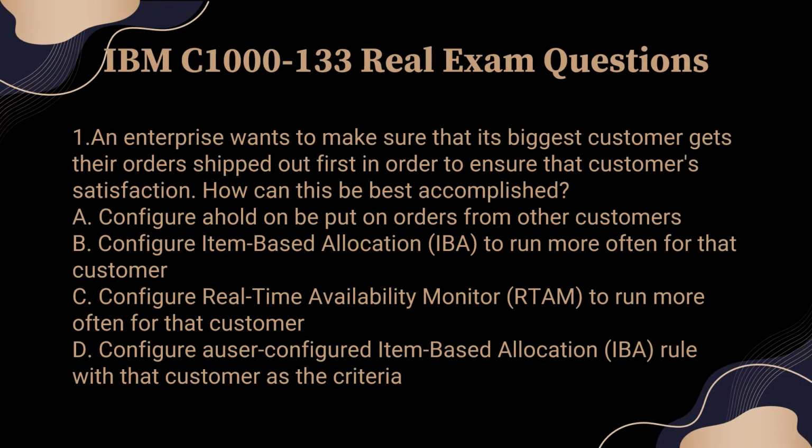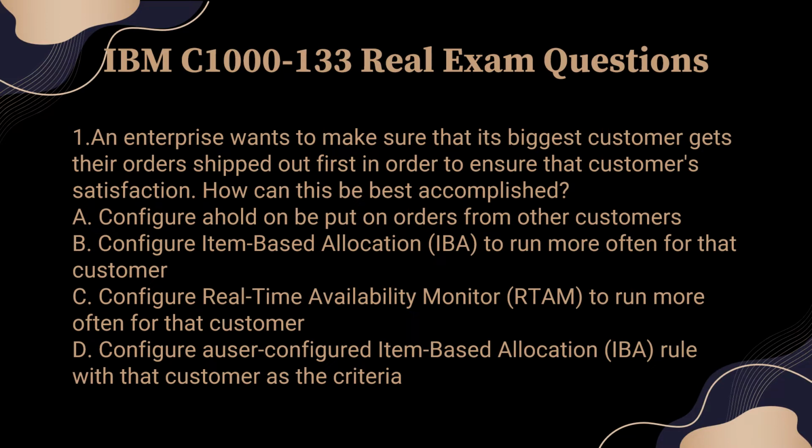1. An enterprise wants to make sure that its biggest customer gets their orders shipped out first in order to ensure customer satisfaction. How can this be best accomplished? A. Configure a hold to be put on orders from other customers.